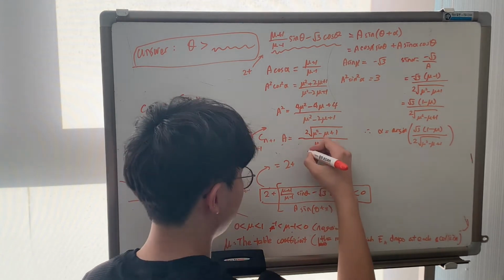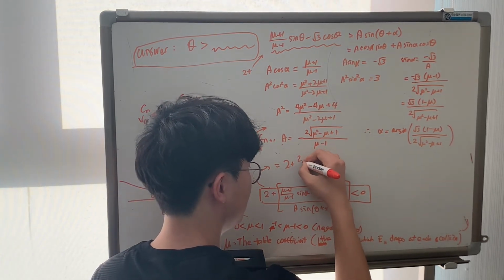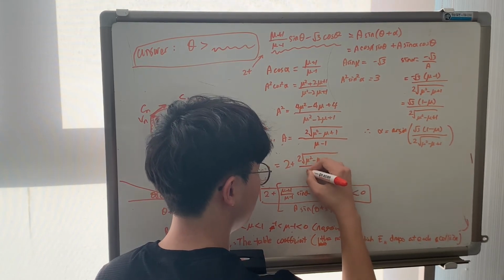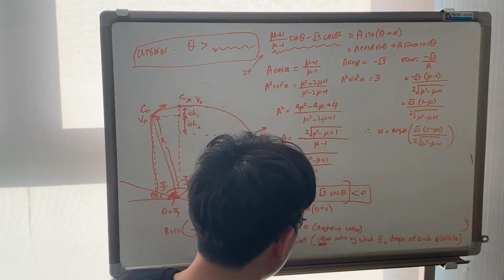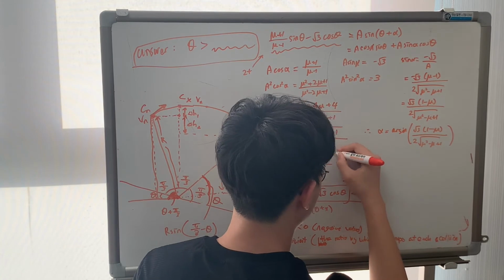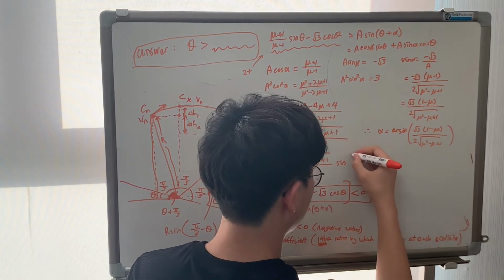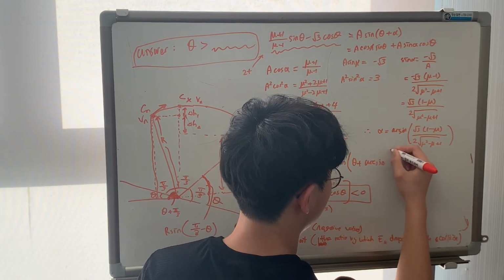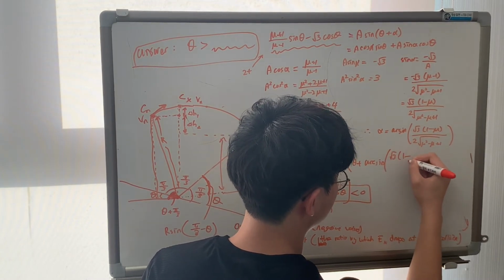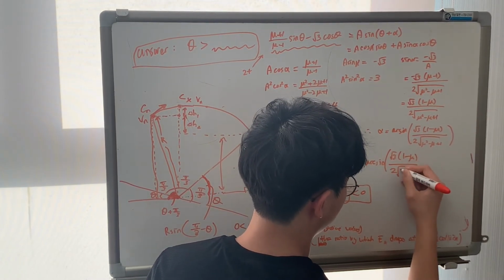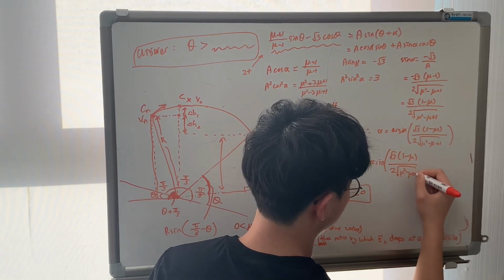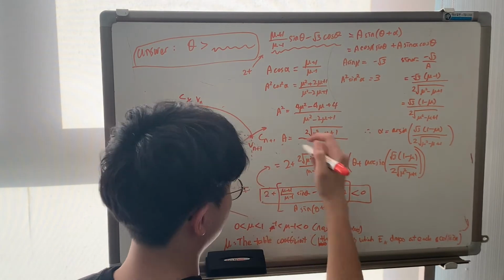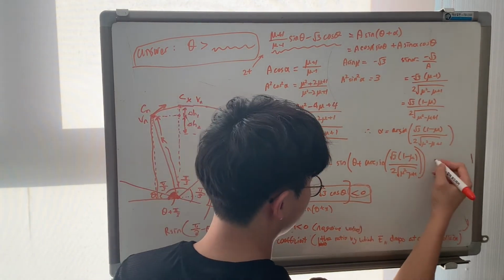So we have plus 2 square root of mu squared minus mu plus 1 over mu minus 1 times the sine of theta plus arc sine of root 3 times 1 minus mu over 2 square root of mu squared minus mu plus 1. That is going to be smaller than 0.